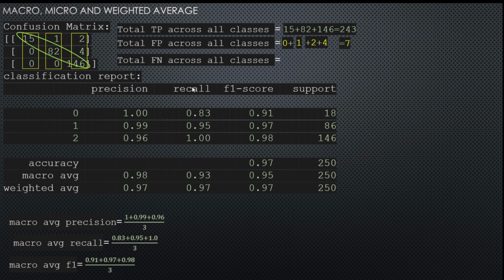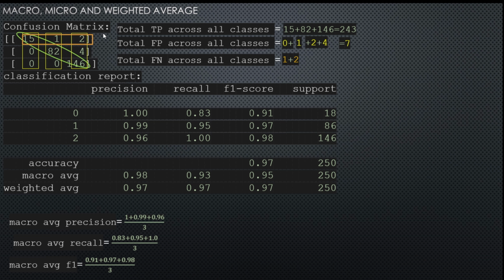False negative, can you tell me now? Yeah, they are basically along the row. So if this is 15, and if it is in the false negative column, because this is positive, I'm making a false negative prediction here, and 1 which actually belongs to class 0, but I have said it as negative, which is a positive class, or class 0.